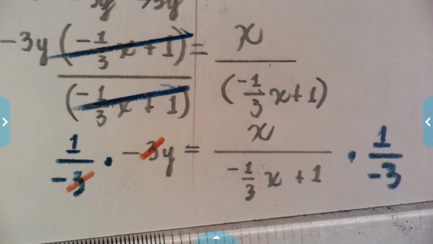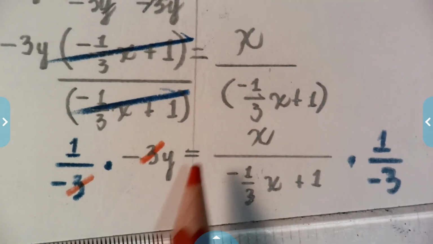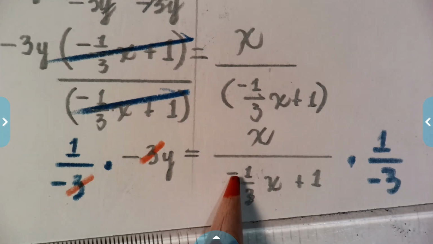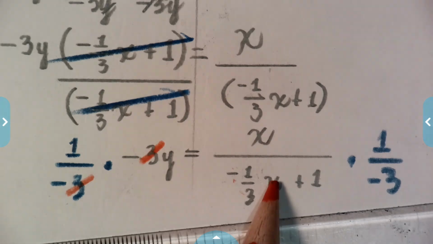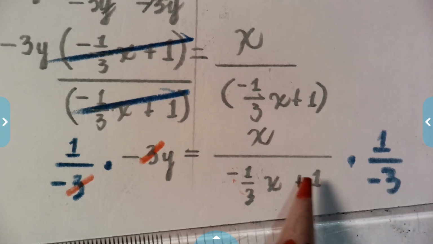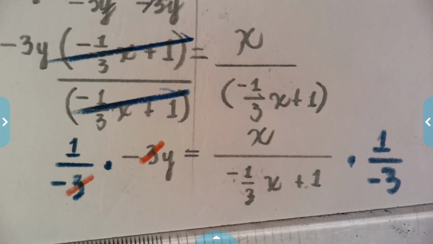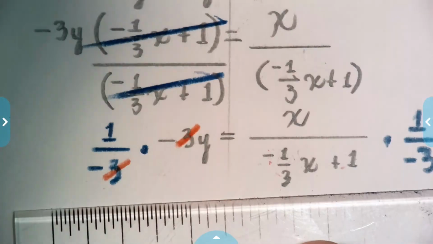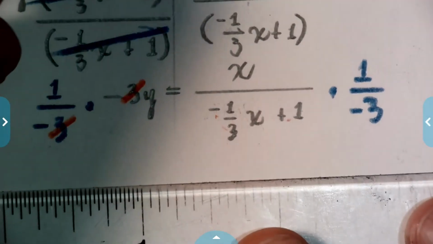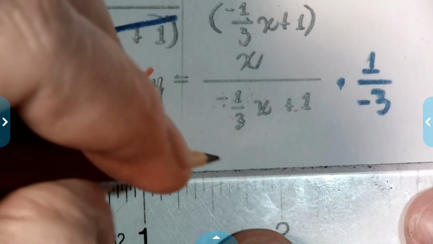Yay! Okay. Now look what happens when I distribute this negative 3 to this negative 1/3. The negative and the 3 will both cancel, leaving x. And then the negative 3 times 1 will be negative 3. So when I'm done with this, it's just going to say x minus 3. Okay? Pretty cool. So that's some beautiful mathematics right there. And I mean, it's not my mathematics, it's just the problem.